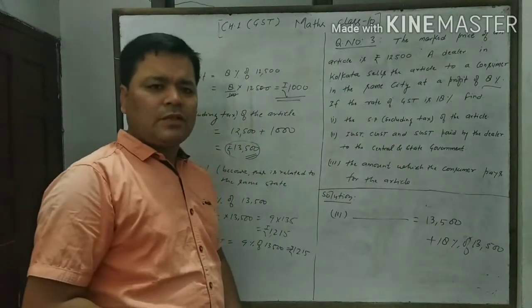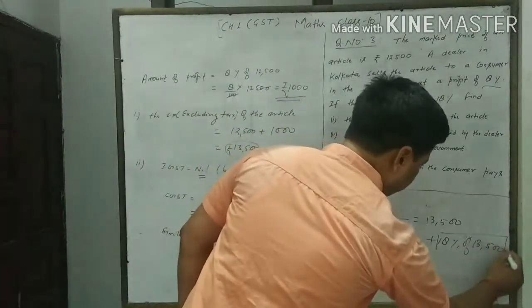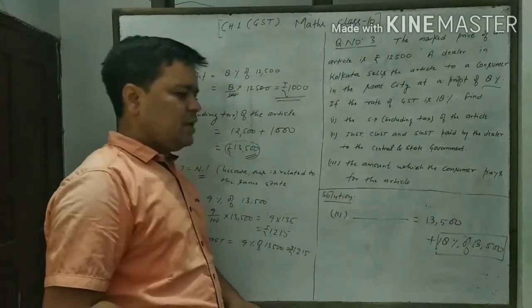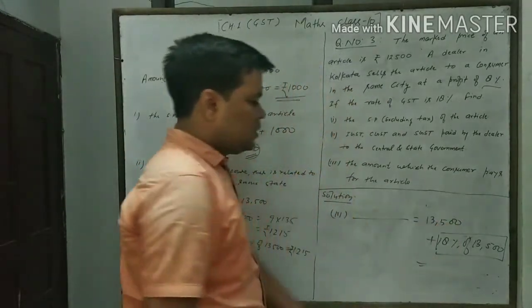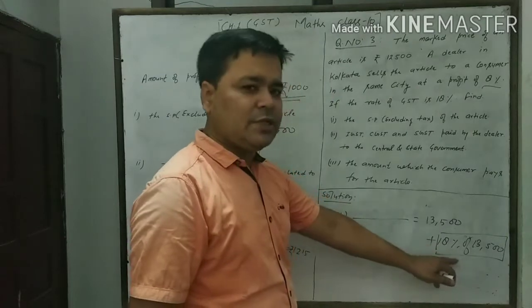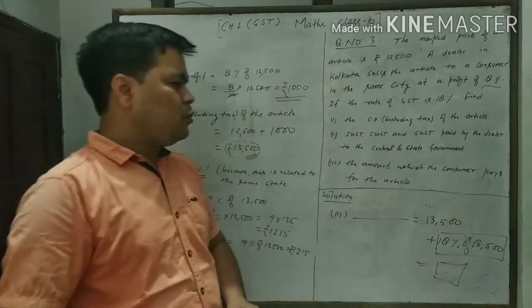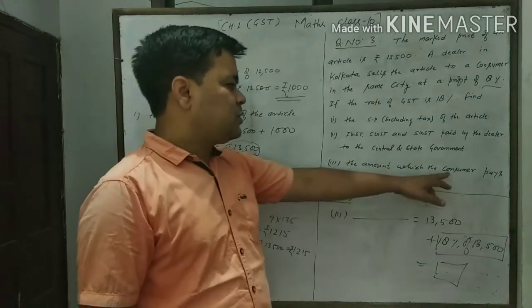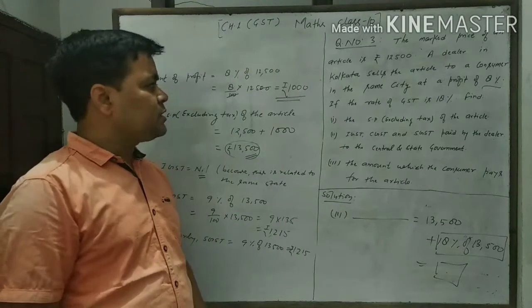So this will be the amount of GST, means tax. If we add this 13,500 to the amount of GST, then whatever we find, that will be the total amount of the article which the consumer pays. Okay, this is the total about this question.